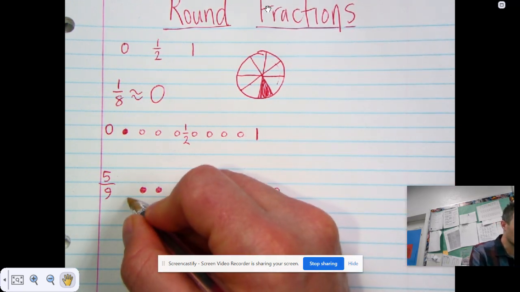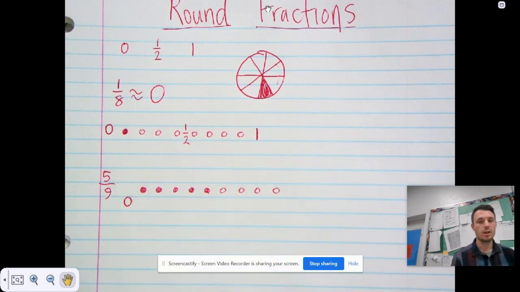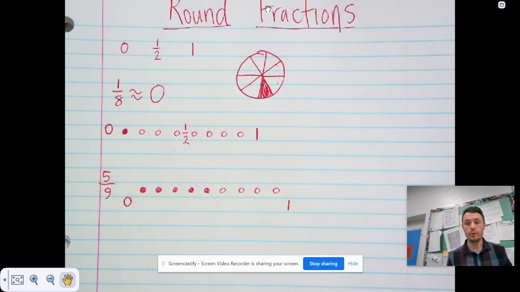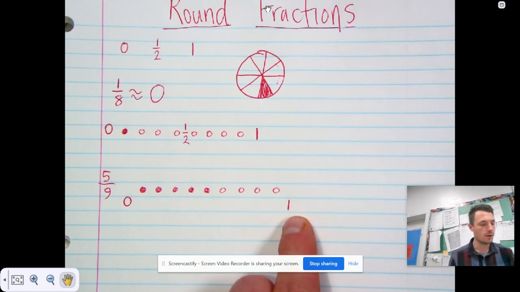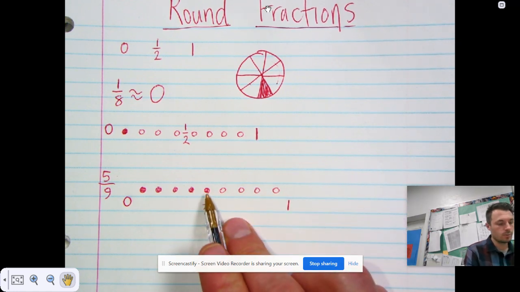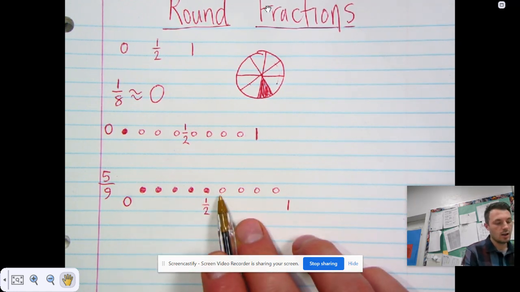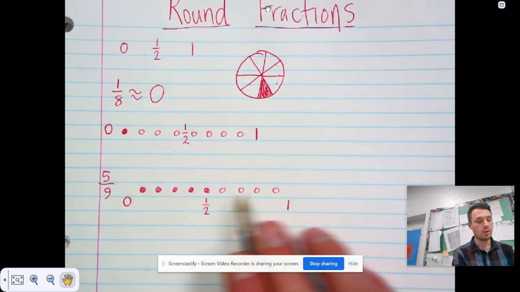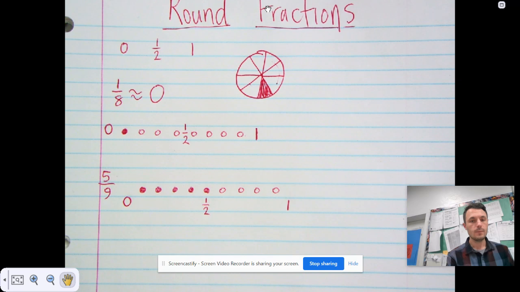So 0 of the circles being colored in would be here. 1, or the entire group of circles being colored in, would be right here. 1/2 would be right at this center circle because it has 4 on this side of it and 4 on this side of it, and then the 1 in the middle makes 9. 4 plus 4 plus 1 is 9.